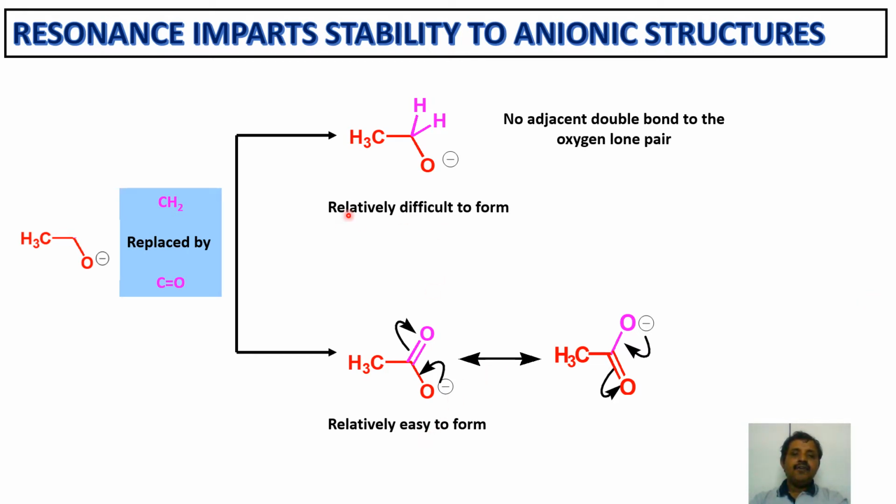Whereas here, when this carbon atom is substituted with the CH2 group, which does not have resonance, it is relatively difficult to form, and this structure is relatively less stable. Whereas if this carbon is substituted with the CO group, it gives extra stability to the molecule due to the formation of resonating structures.